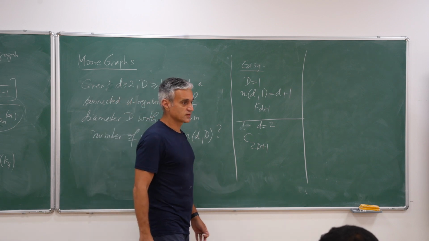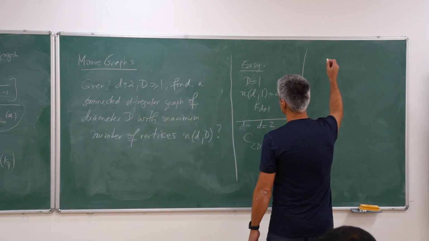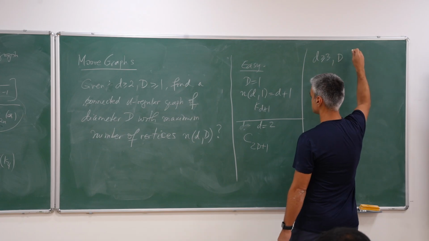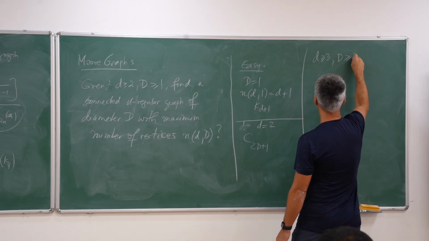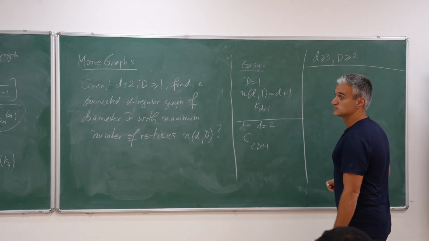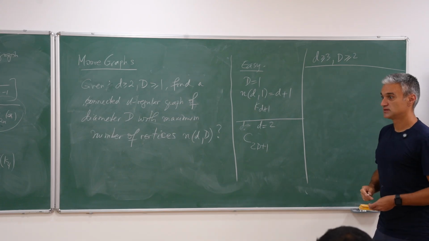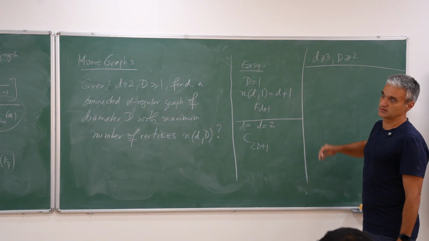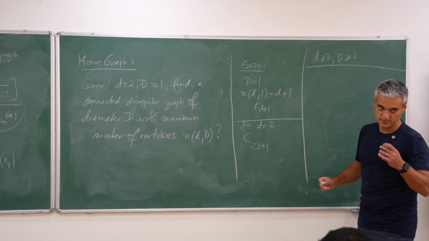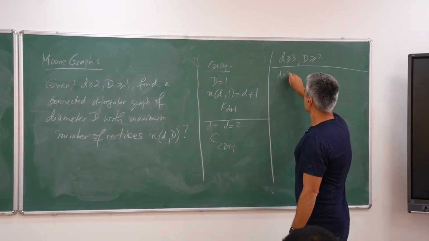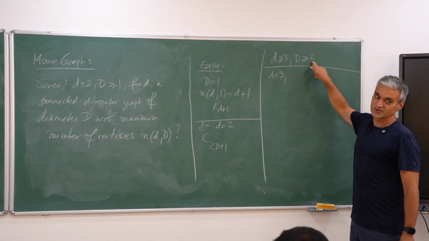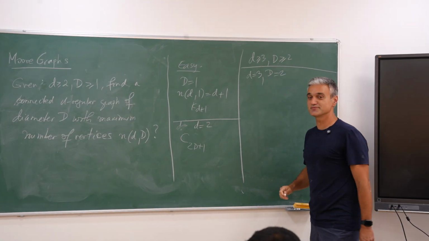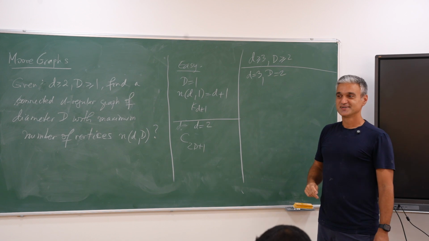Okay? Okay, easy. All right, so from now on, let's look at degree at least 3, d greater or equal to 3, and D greater or equal to 2. Give me your favorite d greater or equal to 3. 3, very good choice. Give me your favorite capital D greater or equal to 2. 2, very good choice. Oh, everybody's tired, they don't want to work.